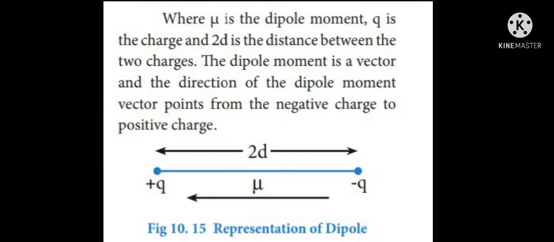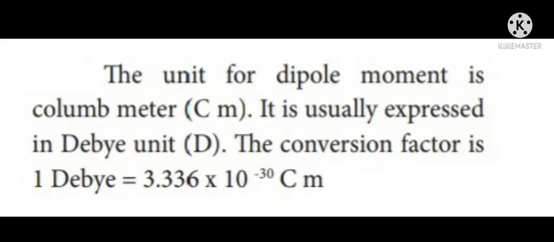Dipole moment is a vector quantity since it has both magnitude and direction. The direction of the dipole moment vector points from negative charge to positive charge. It is shown here.